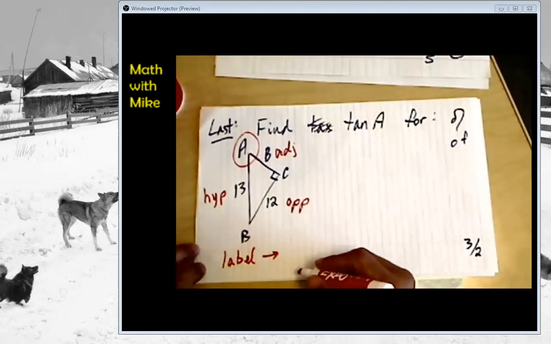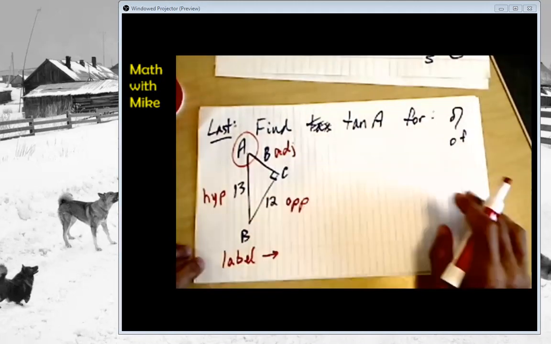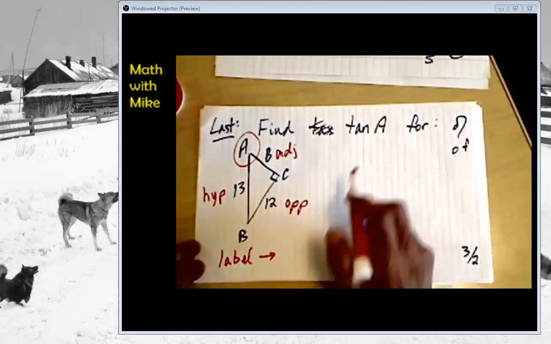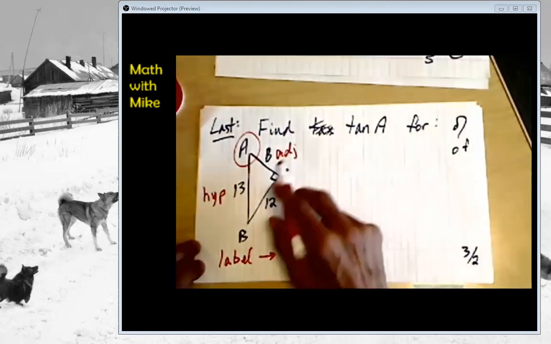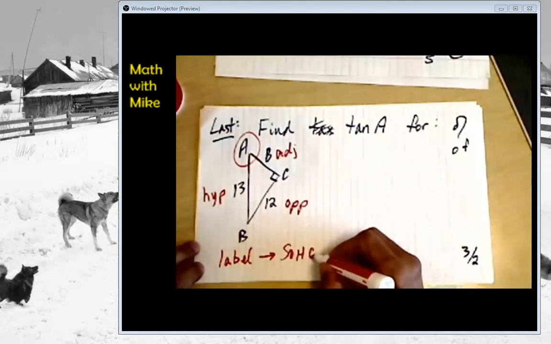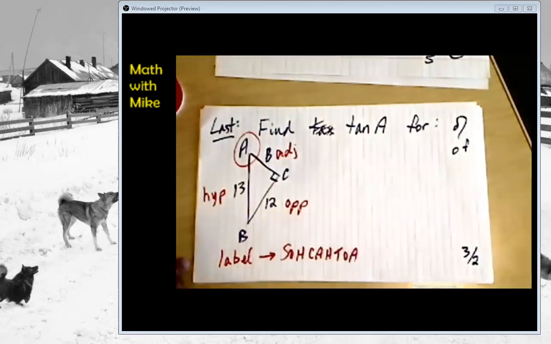What's the opposite over? One more time. Opposite over, like 12 over 13. Well, that's just it. We got to decide what sides we use. So we have to do this SOHCAHTOA part here.